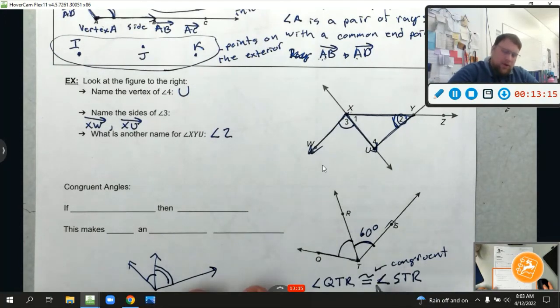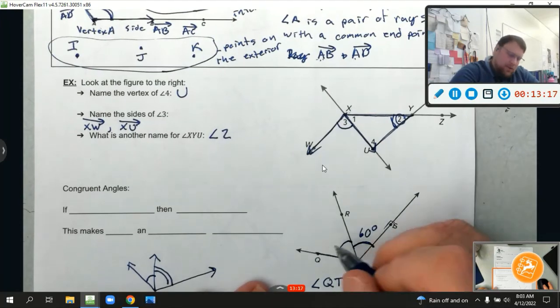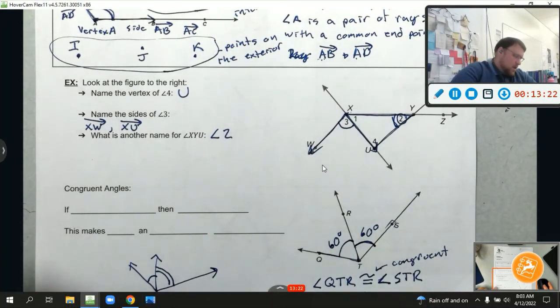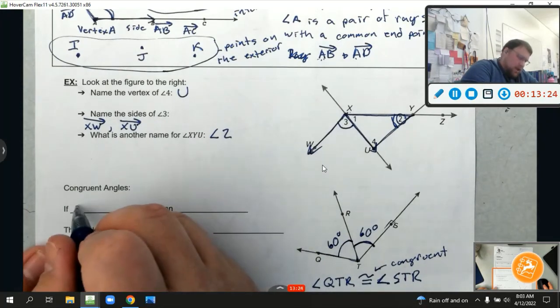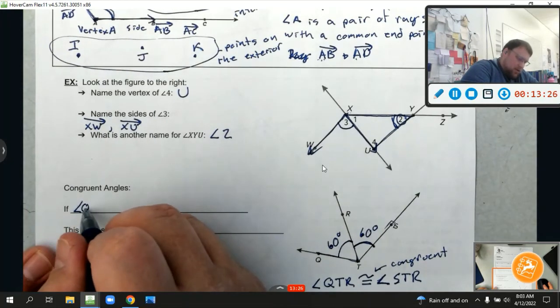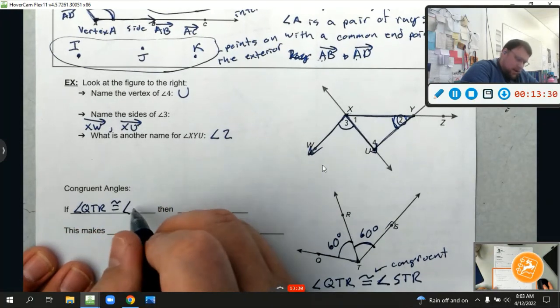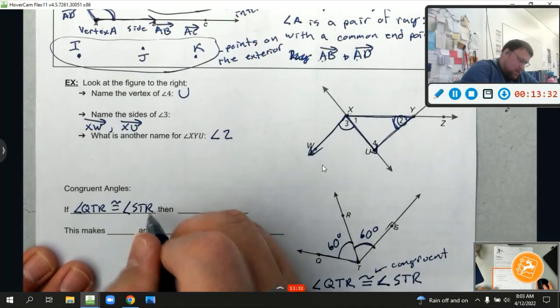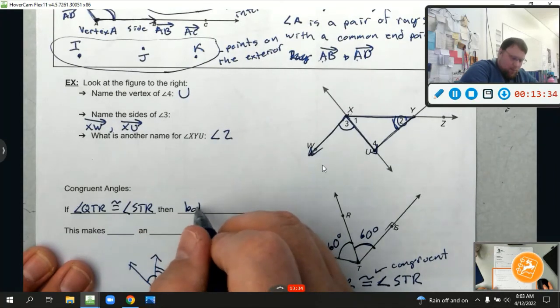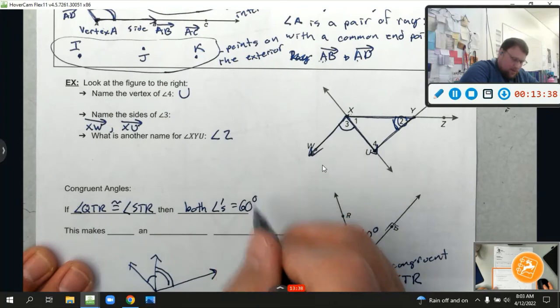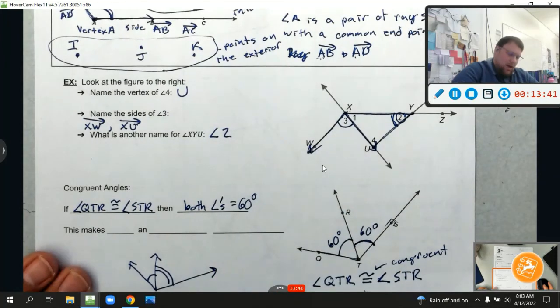But here's what I know. If they're congruent, they have the same measure, which means I can say this is 60 degrees as well. So here's what we know. If angle QTR is congruent to angle STR, then both angles equal 60 degrees. And guess what?